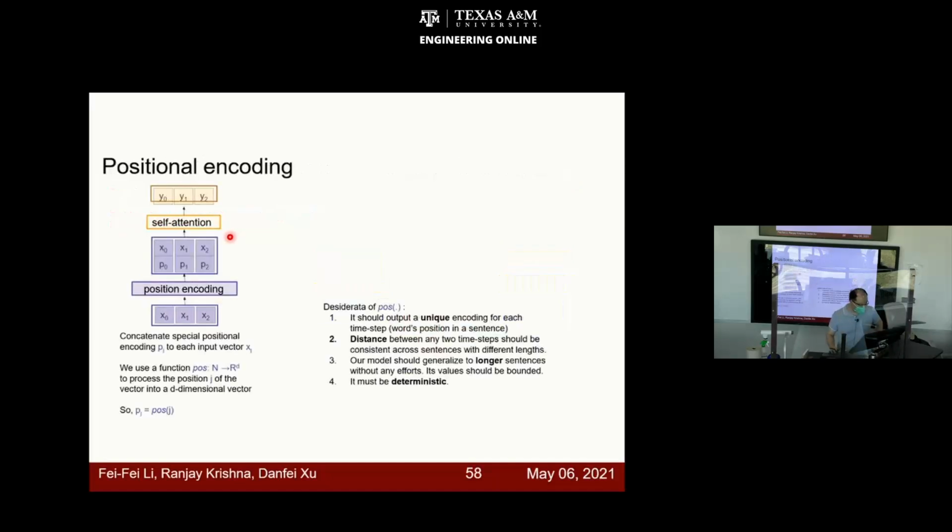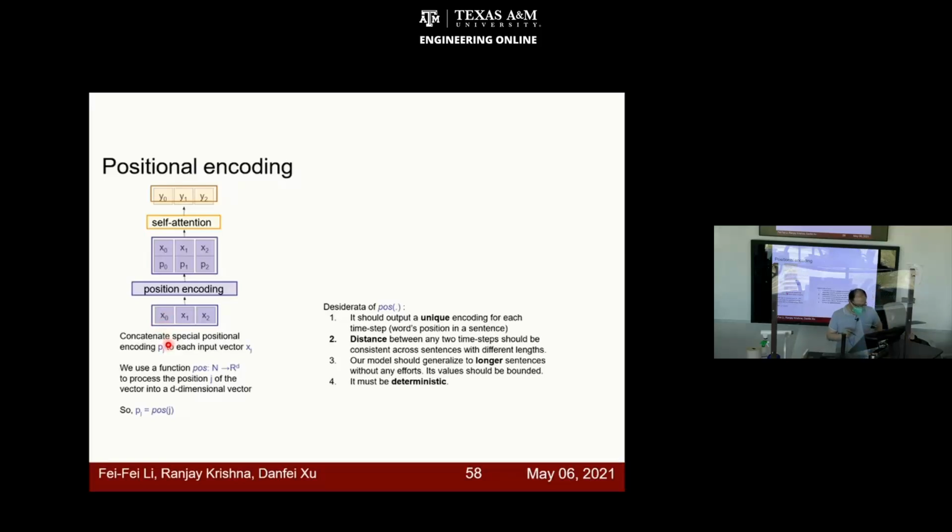One simple idea, we'll talk about it again later on in a different context, is called positional encoding, okay? Positional encoding is very simple, basically saying that this self-attention layer does not consider the order across these different inputs.